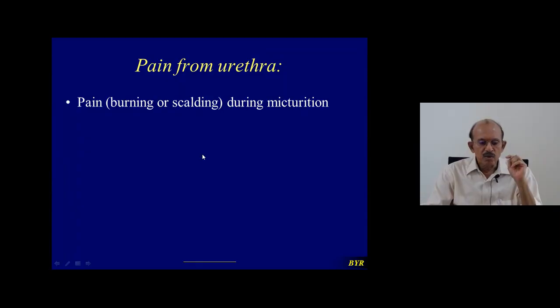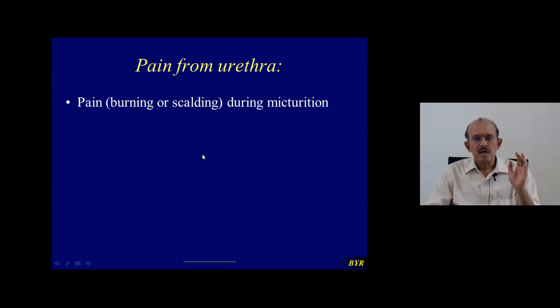There is a doubt from one of our students: why does trigone pain radiate to the penis? Actually, the trigone, the prostatic urethra, and the penile urethra, wherever there is irritation, the pain will be felt at the tip of the penis. I don't know the exact cause, but it must be the same dermatome.